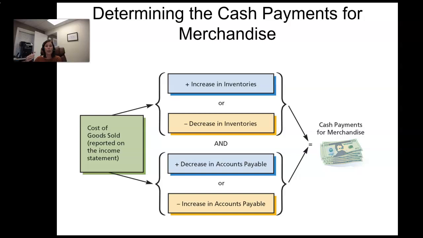Our inventory either went up or it went down. If the inventory went up, we're going to add that to cost of goods sold. If the inventory went down, we're going to subtract that. Then our accounts payable. If it went down, we're going to add it. If it went up, we're going to subtract it.